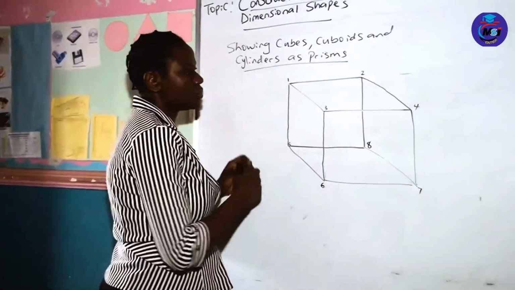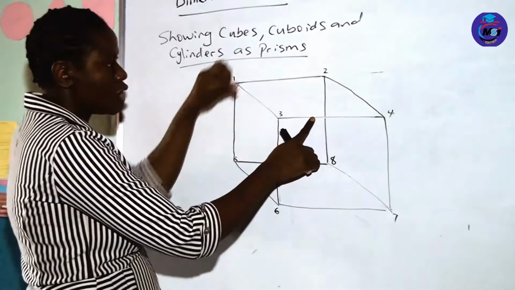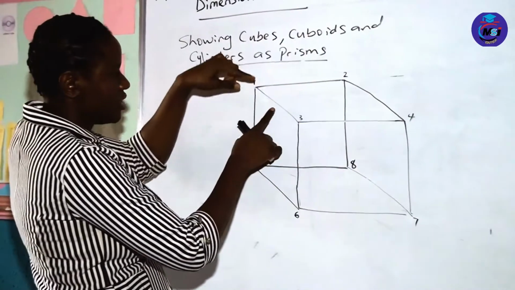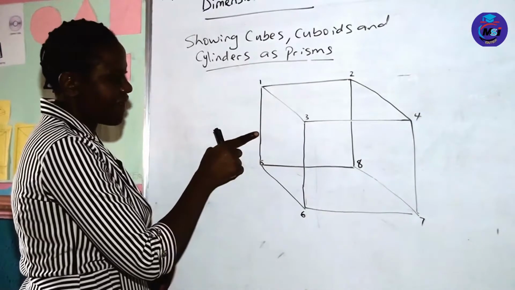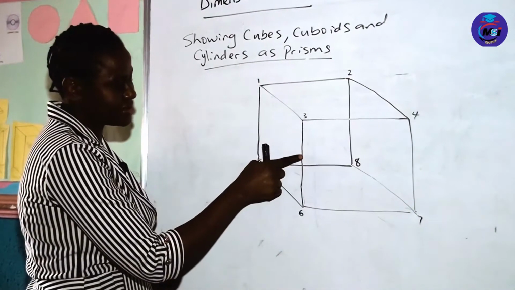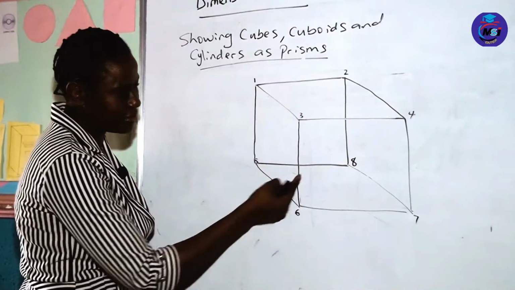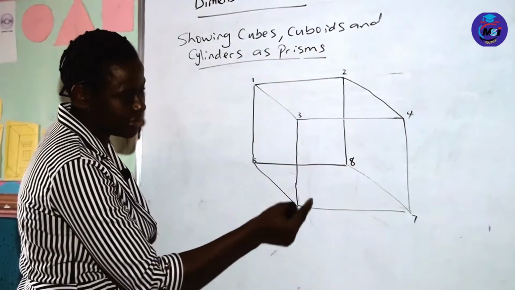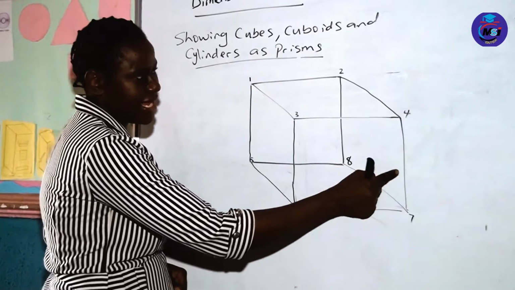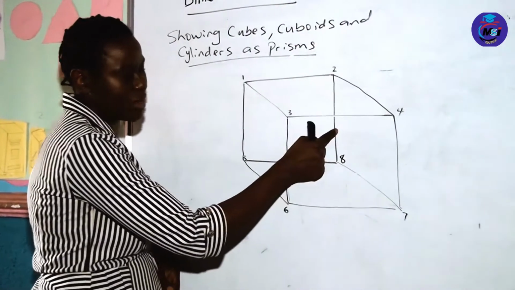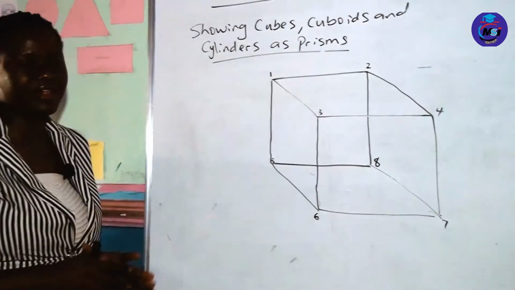Let's count: 1, 2, 3, 4, 5, 6, 7, 8, 9, 10, 11, and 12. So 12 edges.